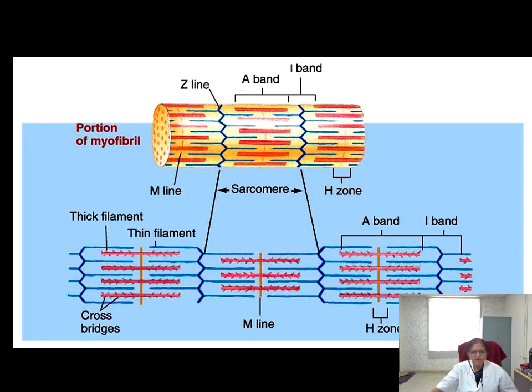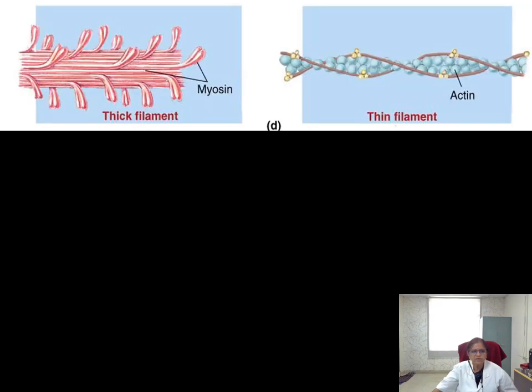A sarcomere is nothing but the segment between two Z lines, and from the Z lines, actin filaments project on either side and overlap the peripheral parts of the myosin filaments, nothing but thick filaments. So we have already read the sarcomere structure, a very important structure.